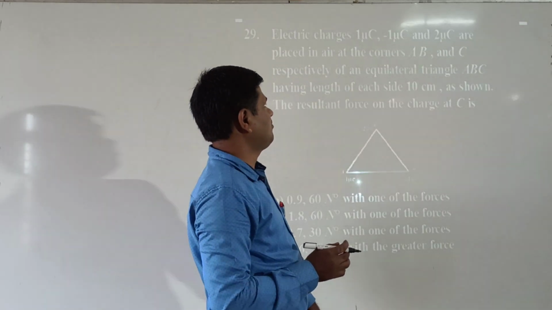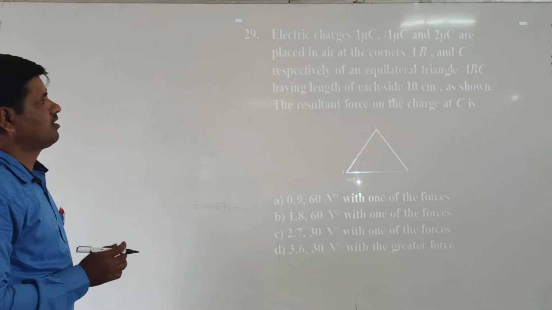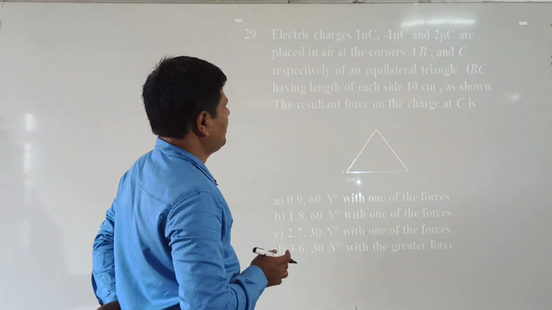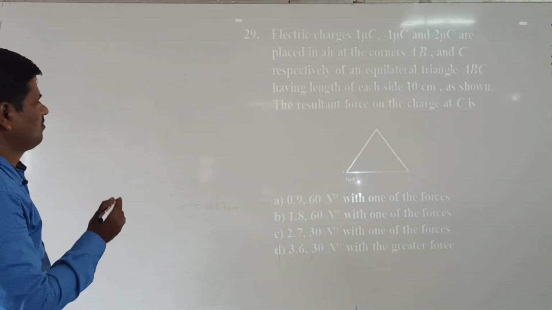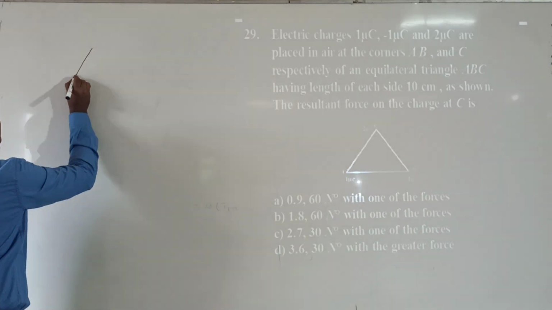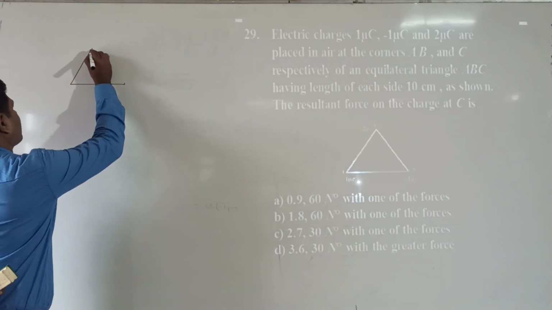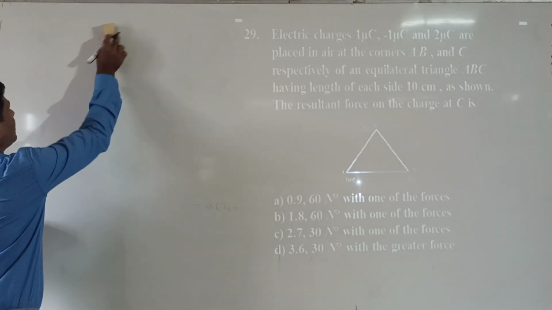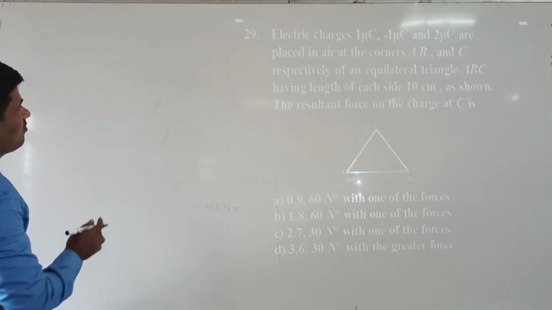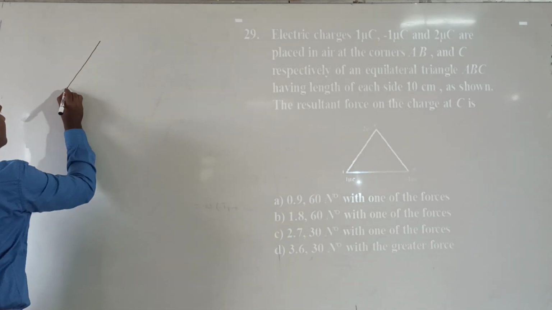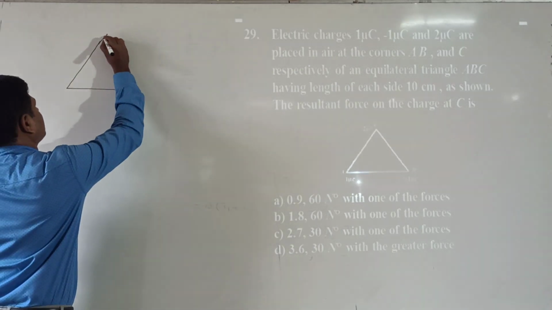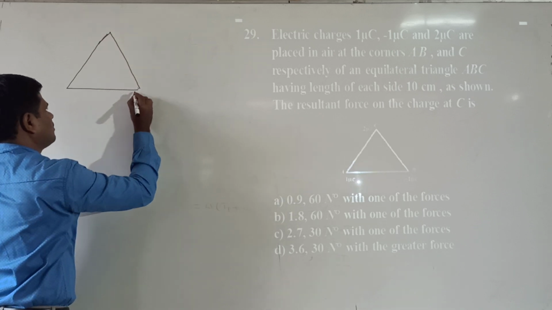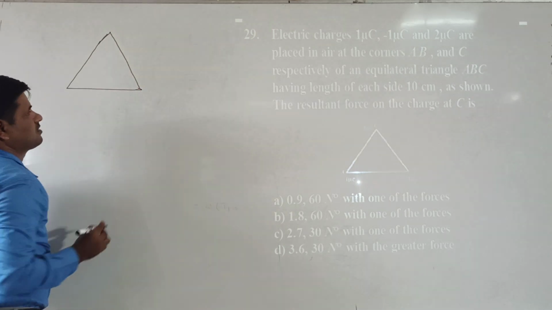Electric charges of 1 microcoulomb, minus 1 microcoulomb, and 2 microcoulomb are placed at the corners of triangle ABC. Listen here. We have three charges placed at the three corners of the triangle.